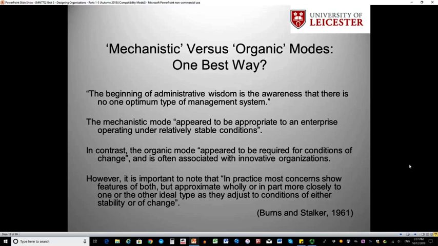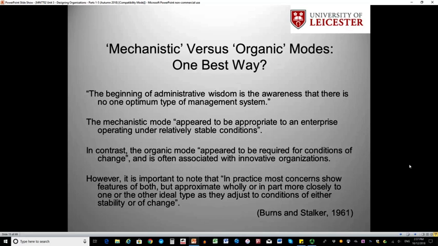And what they found is that the organic mode worked much better in dynamic environments, and it worked where, you know, you're trying to be flexible and respond to the environment. And if you remember, the organic mode is linked to boundary spanning, and I said that boundary spanning allowed organisations to be responsive and dynamic. And so we can see how the organic mode is good for innovation.